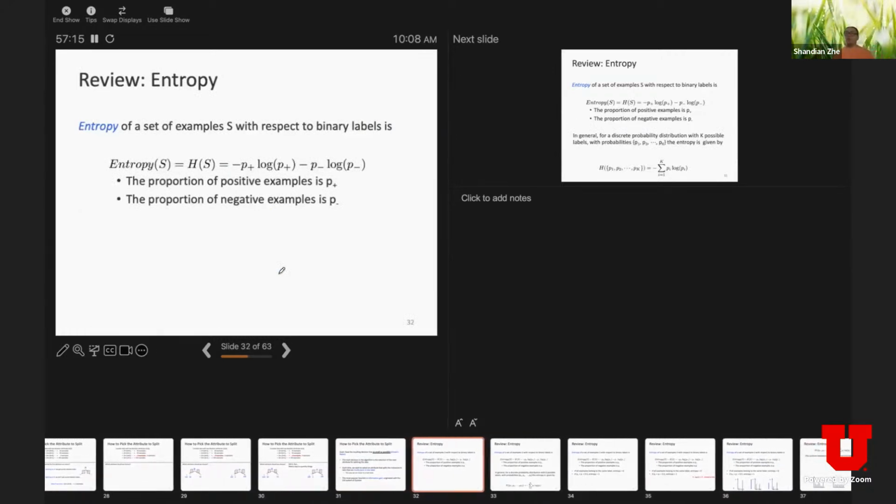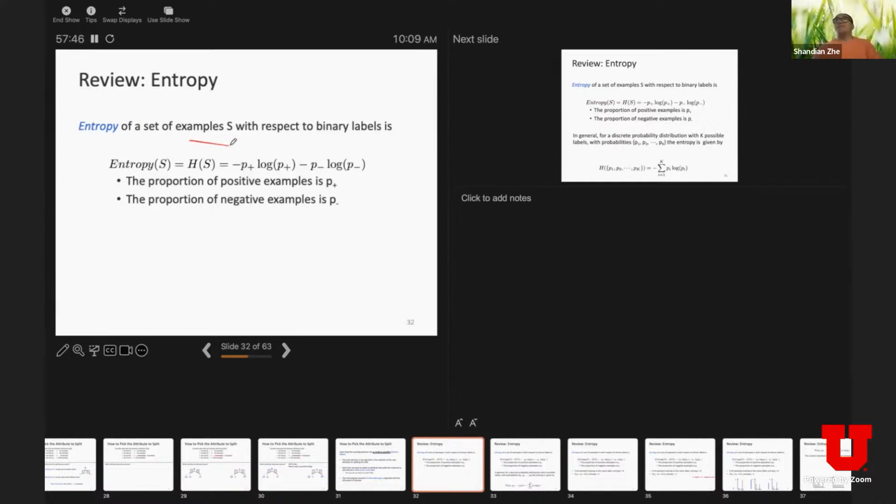To understand what information gain is, we need to do a brief review of the concept called entropy. How many of you have heard of entropy? Okay, great. So entropy is a basic and very widely used concept in information theory. Basically, you can view entropy as measuring the uncertainty about some random variable, for example, the labels for a set of examples.